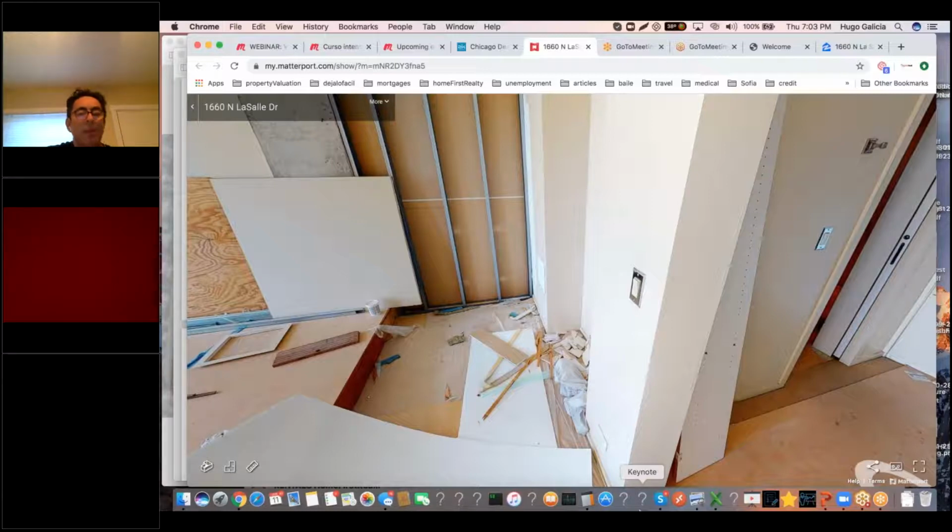So what's happening is that people still need a place to live, but if they can't afford to buy, guess what? They're going to rent. So the rental market is still very strong. Rents are still going up. That is why it makes more sense to deconvert that condo into a property that is just going to become a rental, instead of flipping it.